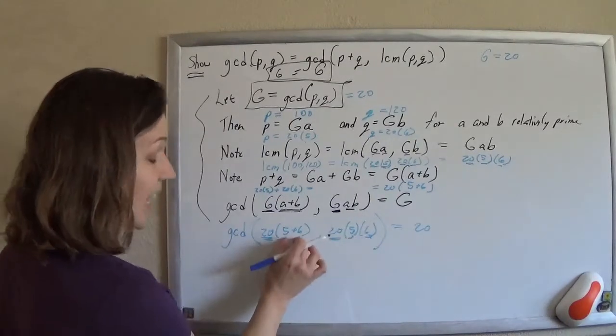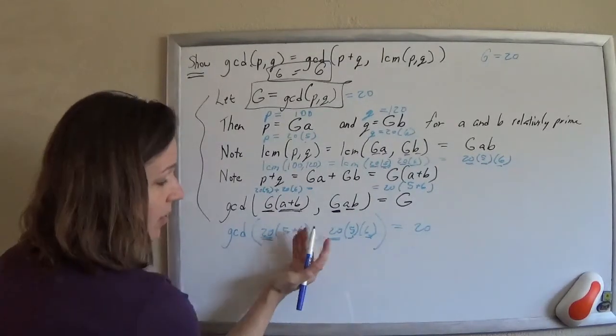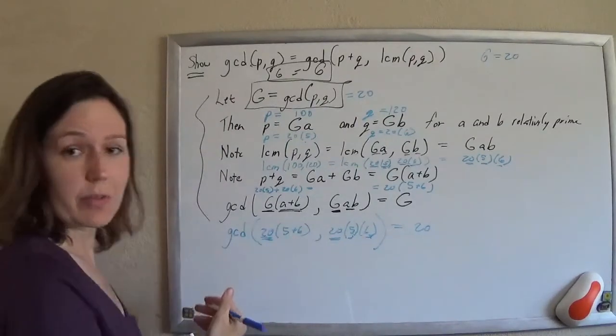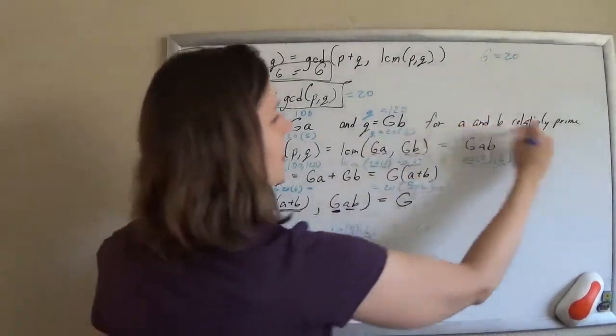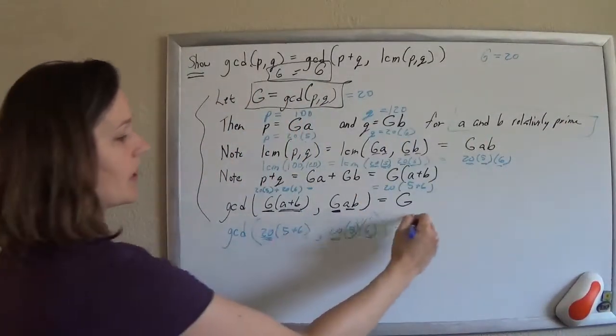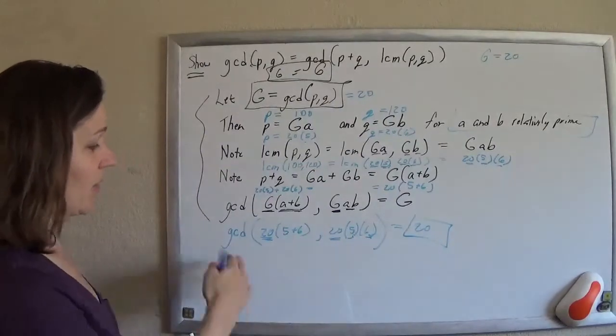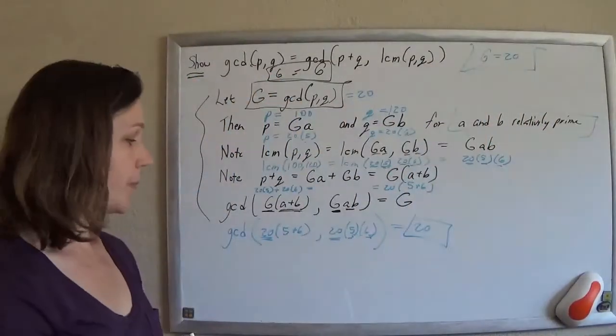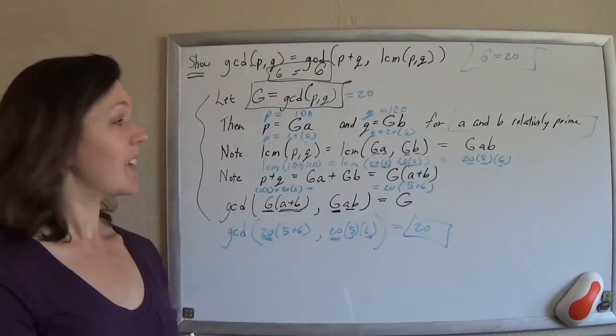The 5 and 6 can't be taken out of there because A and B were relatively prime, so I couldn't pull out a 5 from there if I wanted to. So that 20 is what gets shuffled out as your GCF, your GCD, same thing, and that's where we wanted to go. Yeah, clear as mud?